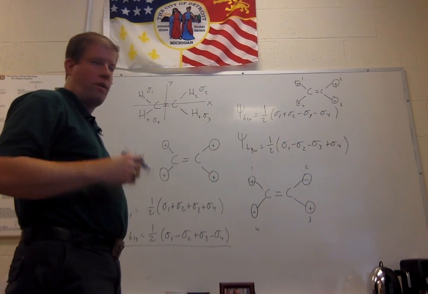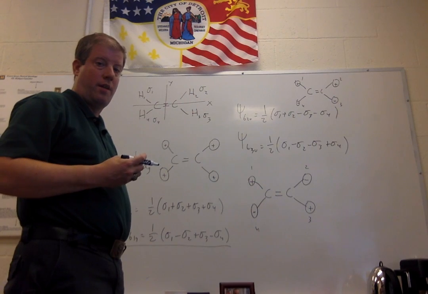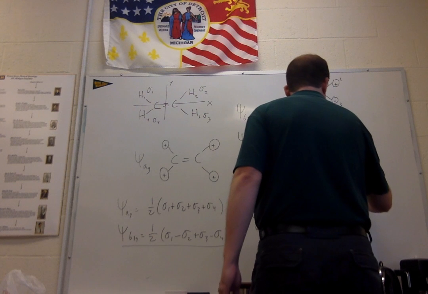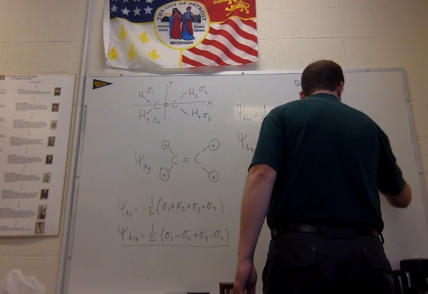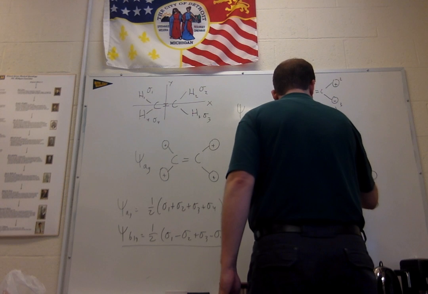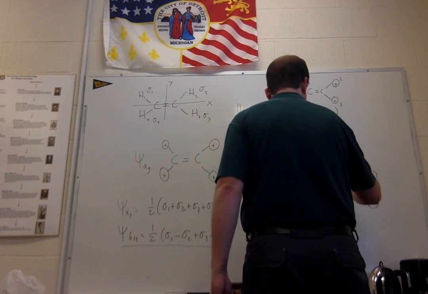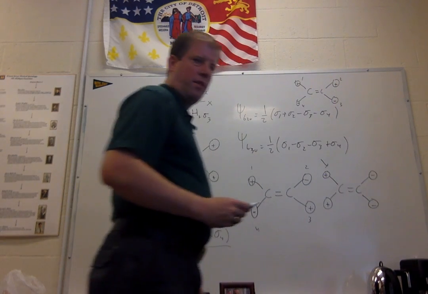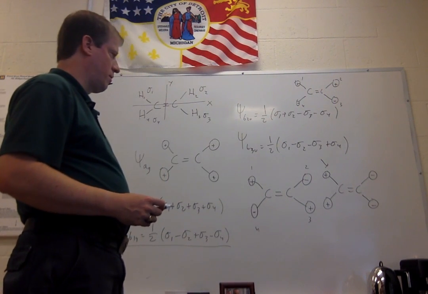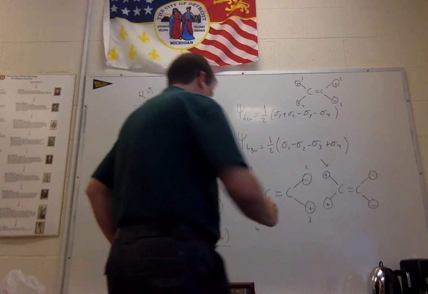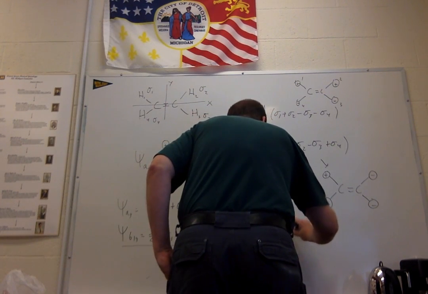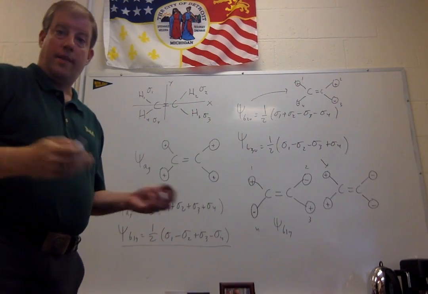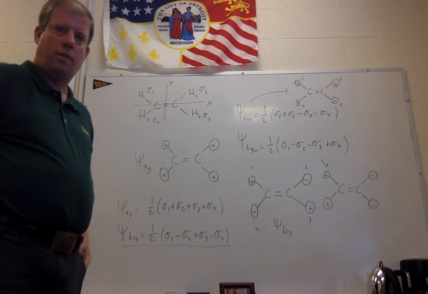And that changes sign with the inversion center, hence ungerade. And finally, this last one also changes sign with respect to that. And so this is psi B1G, B2U, and B3U. And that is how one generates SALCs.